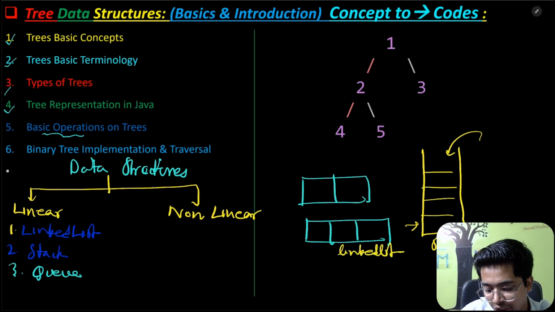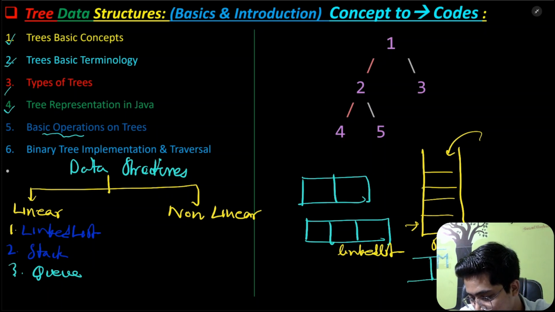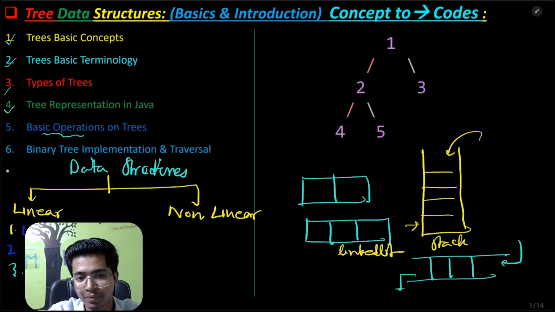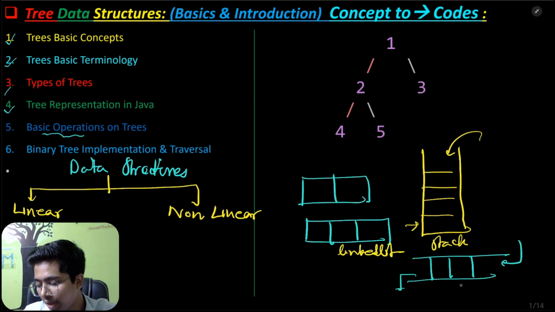The queue has a general structure like this, and we can insert into the queue from that side, and it will be executed from this side. So this is the queue structure. All the structures that you can see are linear in fashion.